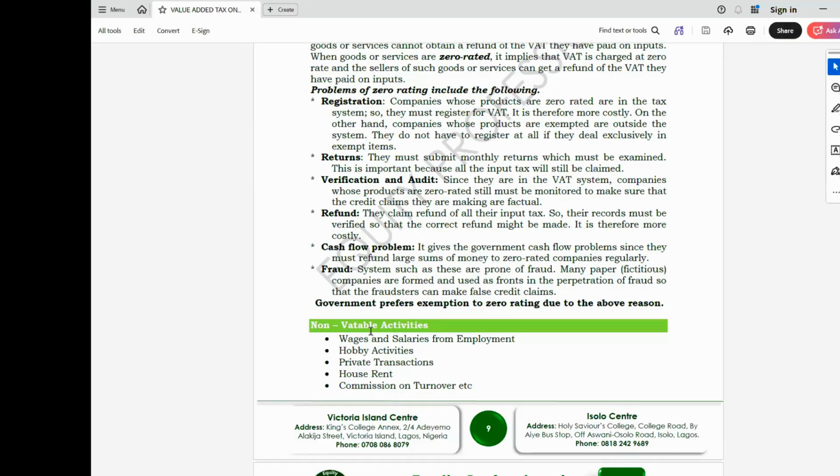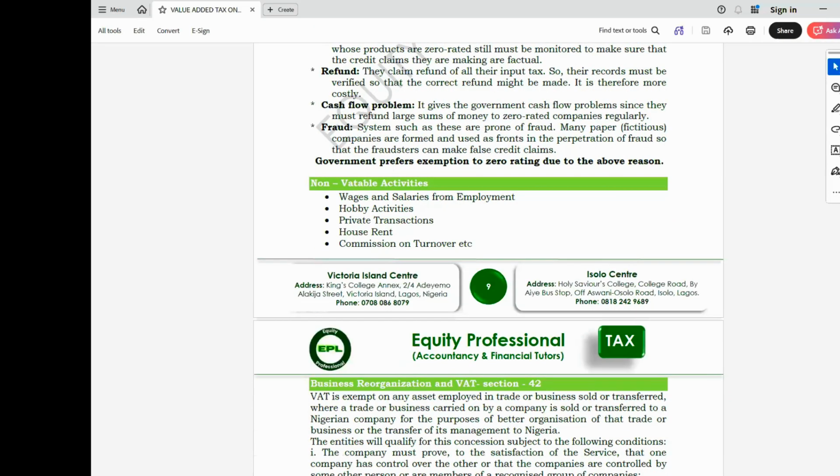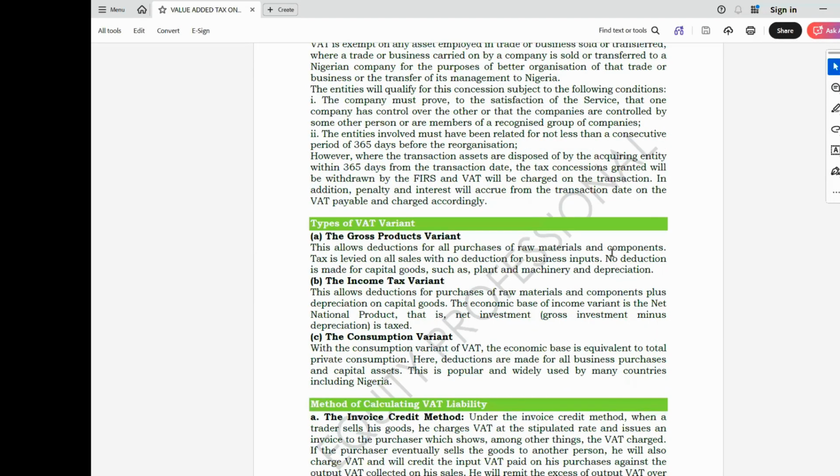Then we also have hobby activity that you are doing that you are not buying. Then private transactions, for your private purpose: the house rent, commission on turnover, interest, and so on. All those are non-vatable activities. So those are the transactions that are not liable to value added tax.